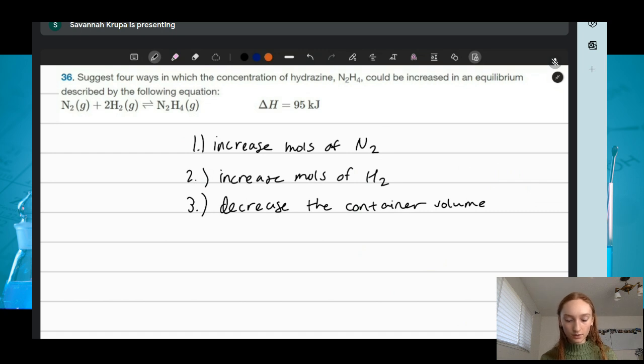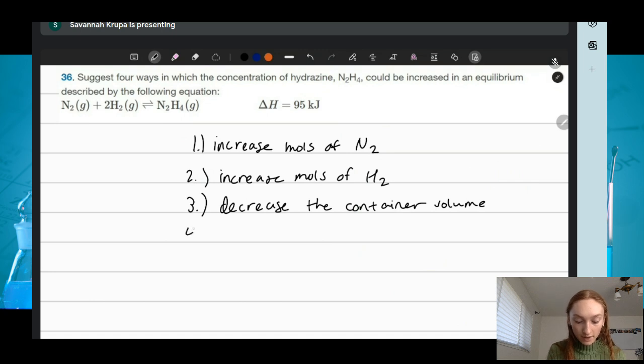So you will therefore have more heat going on, and if you have more heat, more of this hydrazine will be created because this enthalpy is positive. Because the enthalpy is positive, you have to put in energy to create the product, the hydrazine, and so it needs more heat. So therefore you need to decrease the volume of this container. So that's the way that works here.